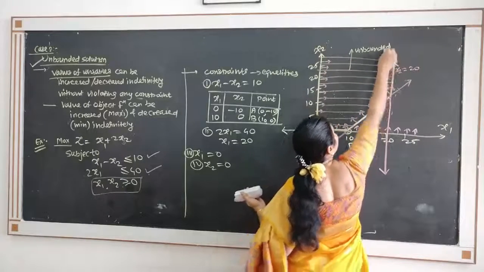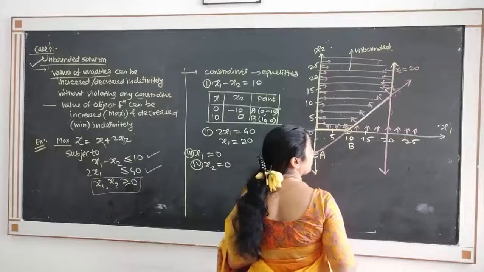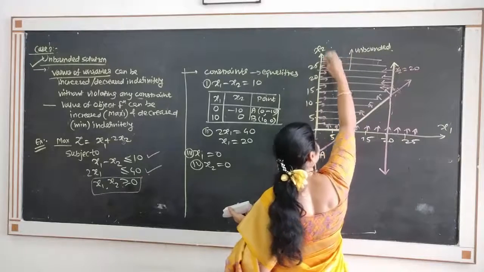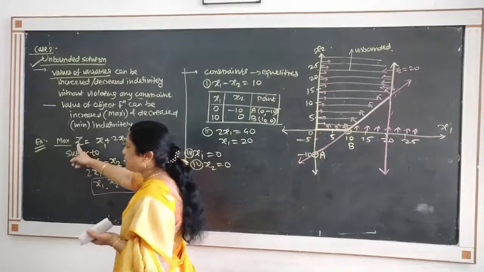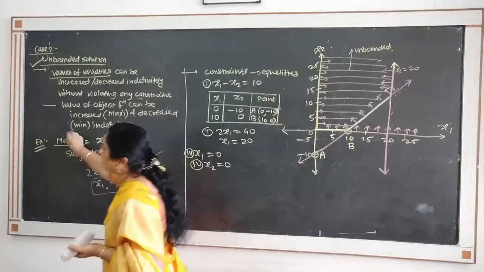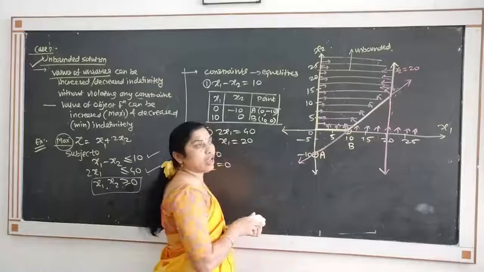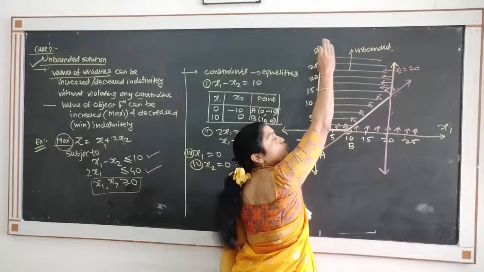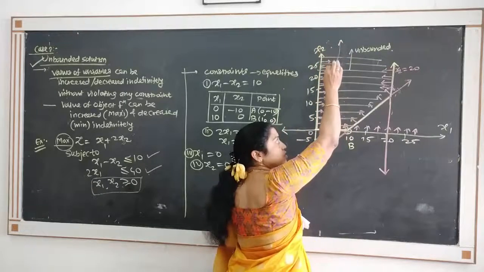So the x2 value can be increased indefinitely, meaning that as you go above, the value of x2 increases and obviously the value of Z increases indefinitely. That is, we are not able to find what is the maximum value of Z because the value of x2 goes on increasing indefinitely as you go upwards.